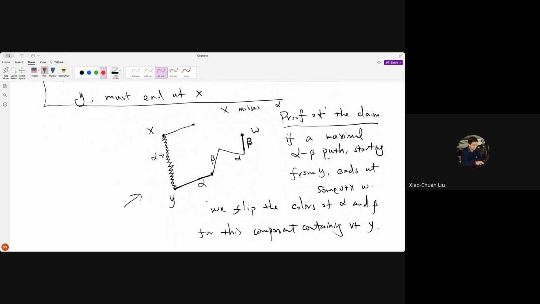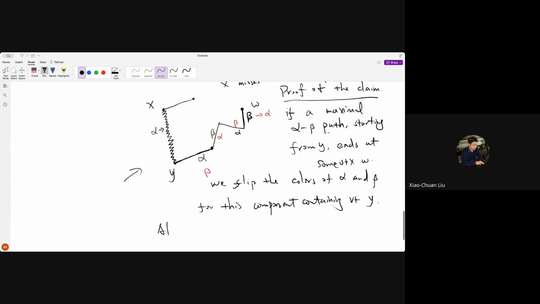I change alpha to beta, and I change this to alpha, and I change this to beta, and I change this to alpha. After this changing, maybe I obtain the resulting coloring, C prime, for example.